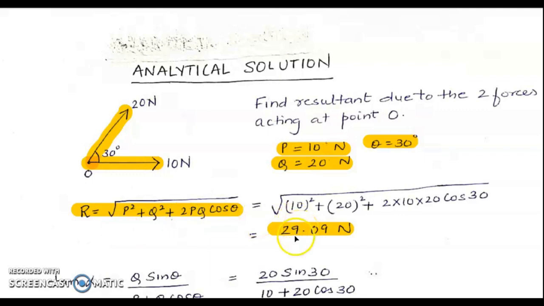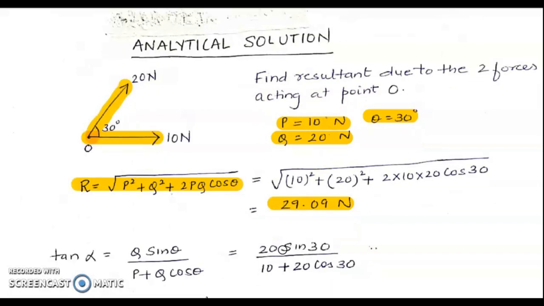We know that resultant is a vector quantity, so it will have magnitude as well as direction. We have found the magnitude. Now let us move further and find the direction. Parallelogram law of forces has given us the formula to find the direction, that is the angle made by the resultant, and the formula is tan of alpha is equal to Q sin theta divided by P plus Q cos theta.